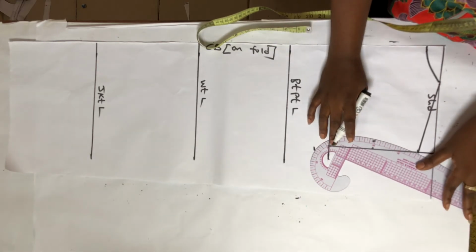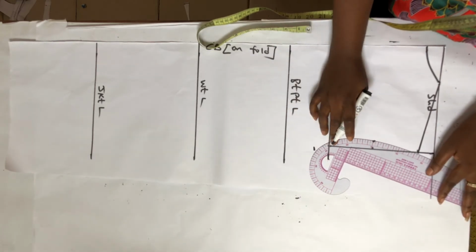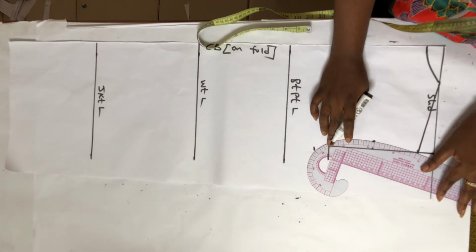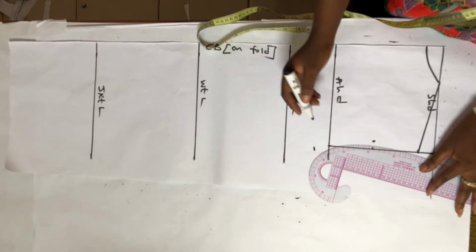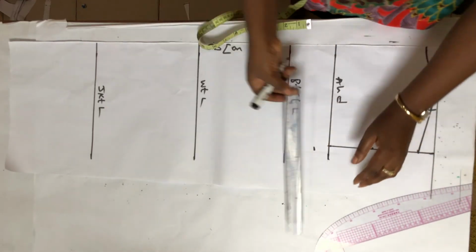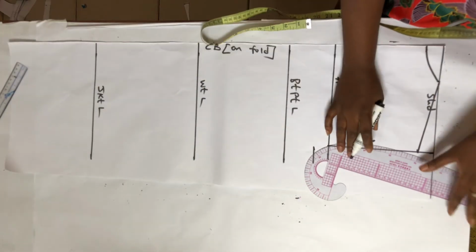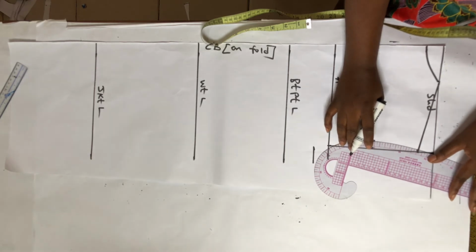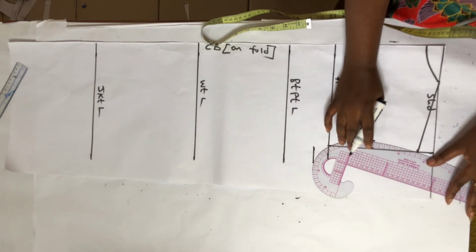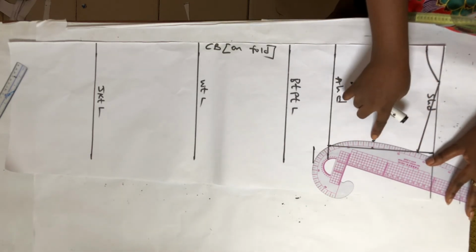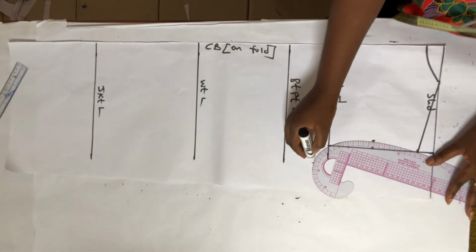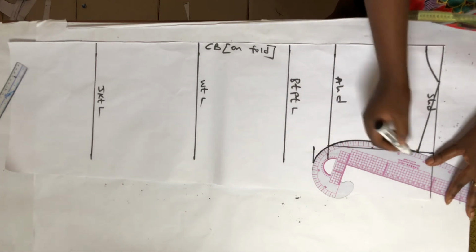I'll do the same for the back. I'll bring it down by 1 inch at the back also. I'm going to connect from the slanted shoulder into the dot and into the 1 inch line.